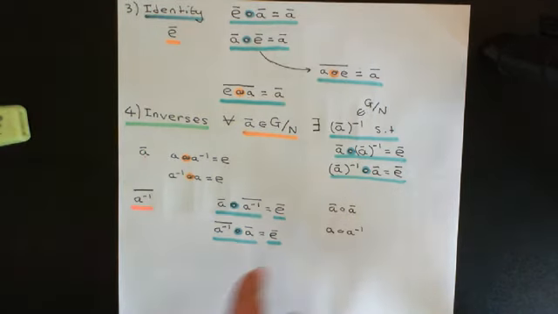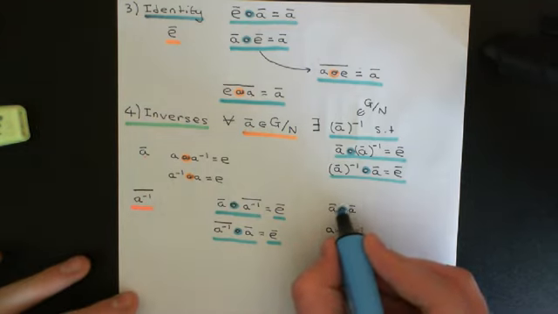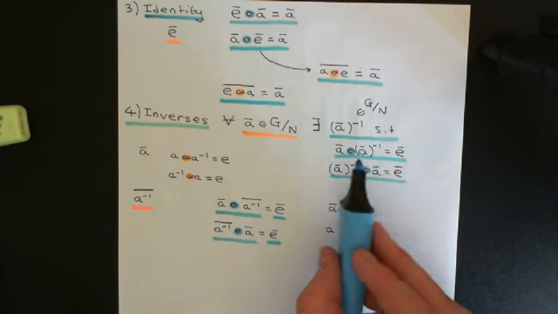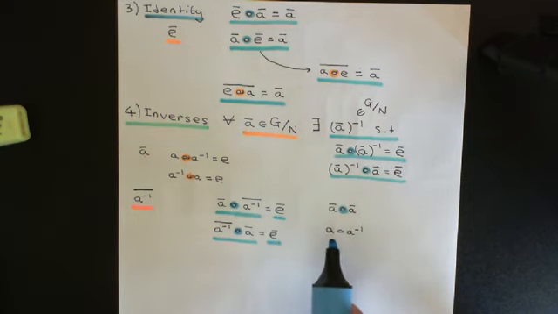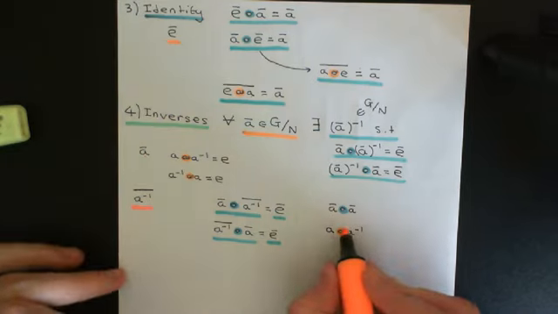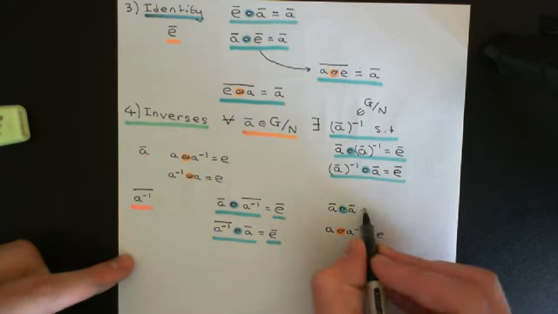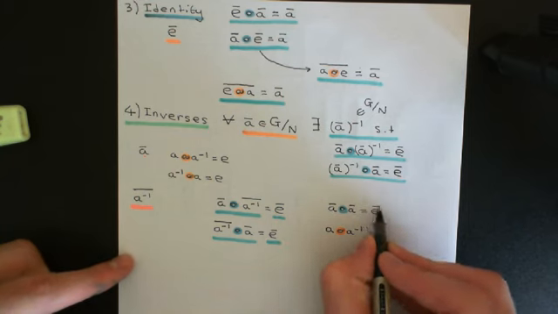So I've assumed now that A inverse was an element of the same coset as A, so quite simply I've picked two representatives from A, and I'm composing the two of them together in the original group. So here is composition in the original group, and that will give me the identity element. So the answer here must be E bar, basically.